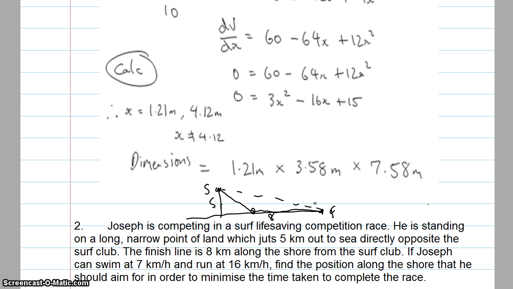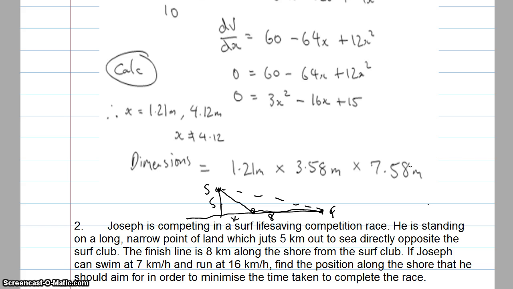So what I need to do is find out first of all the distance that he needs to travel. If I say that he swims along to a point here, I'm going to call that point X. So he swims out to a point X, and then he gets out and runs for the rest of the time.